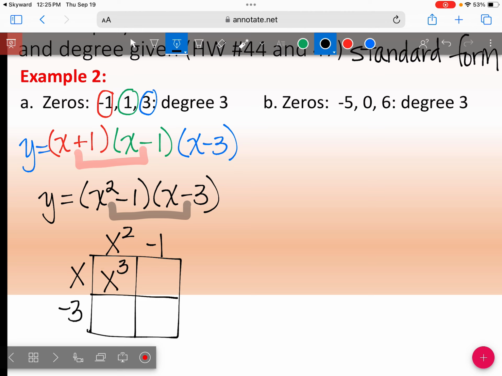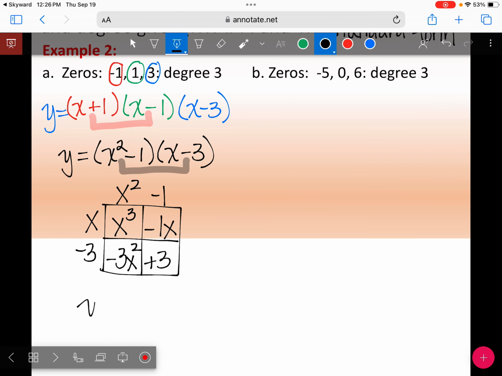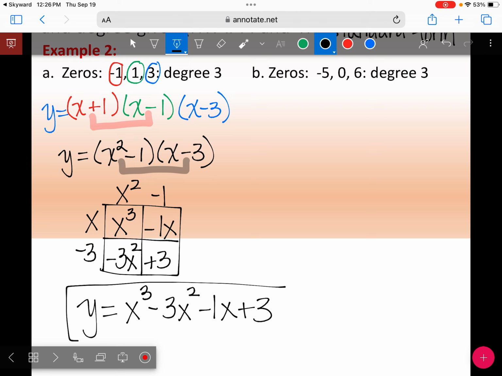So that would be x to the third, negative 3x squared, minus 1x, and plus 3. So your equation in standard form, and this is for a polynomial that has these 3 zeros, that would be your equation in standard form.